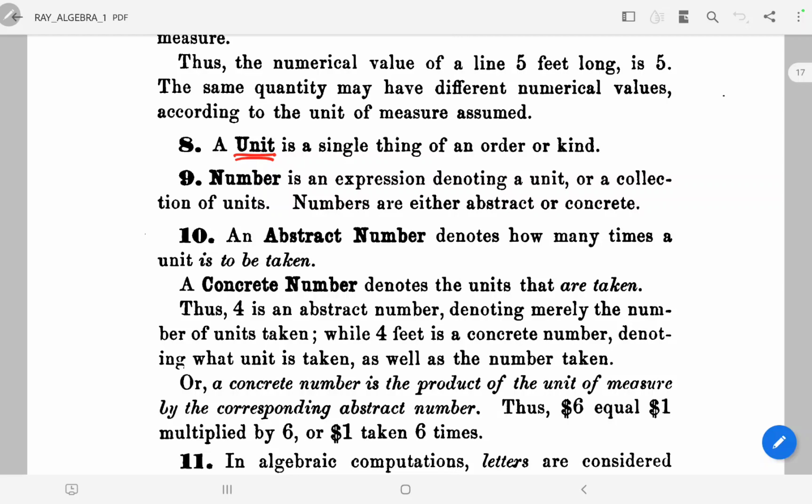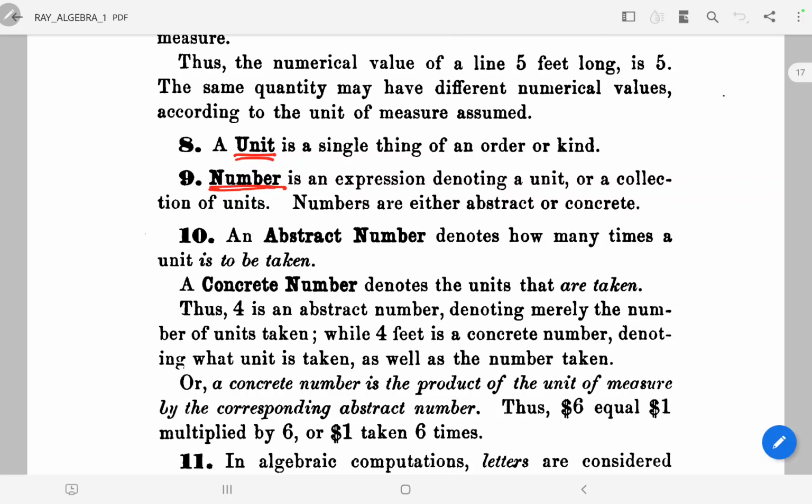And in Article 9, a number is an expression denoting a unit or a collection of units. A number is an expression denoting a unit, since a unit is one, or a collection of units, any number more than one.